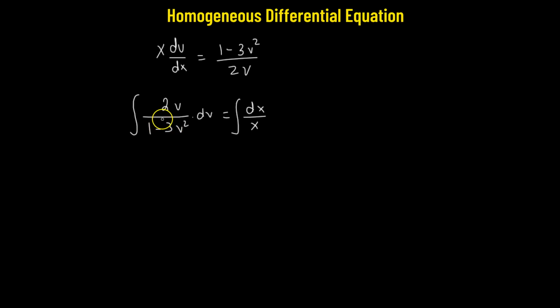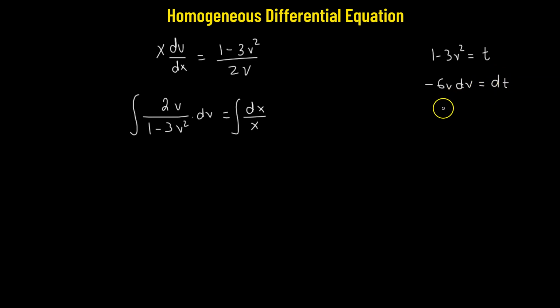The integral on the left hand side can be performed by using the method of substitution. So if we take 1 minus 3v squared equal to, let's say, some variable t, differentiating both sides with respect to v, this is going to give us negative 6v dv equals dt.